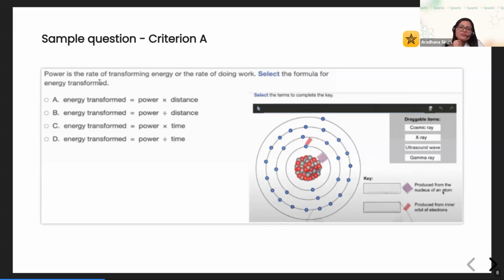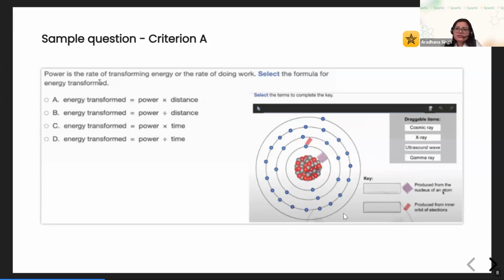Energy transferred is equal to power into distance, power upon distance. So you need to recollect the knowledge which you have about power. You need to look at the formulas given in your question paper, relate how power, time, and energy are related, and then rearrange according to the question asked to tick the correct option. Make sense?